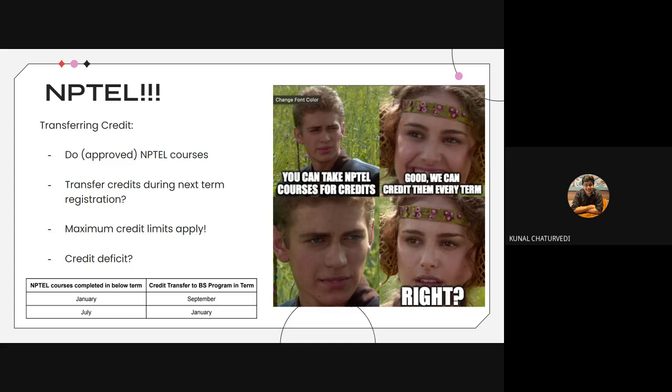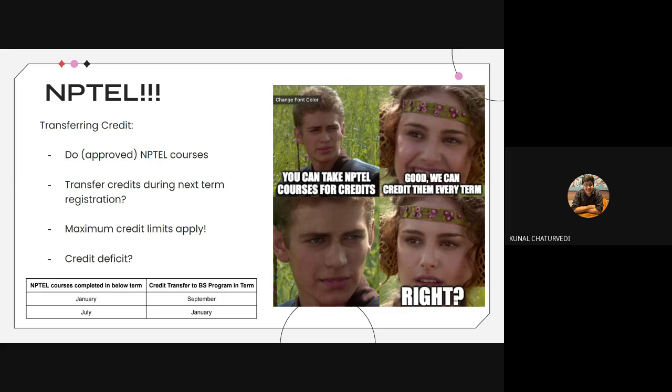You will receive an email from the IIT-M team for this. And for July, it's quite far away, but you will still get an email with the directions in June itself. The credit transfer timelines for these terms vary because of some result calculation things which happen at the back end operationally.